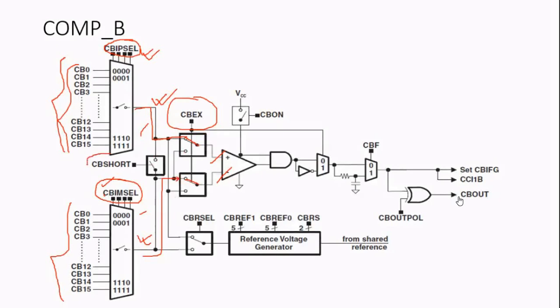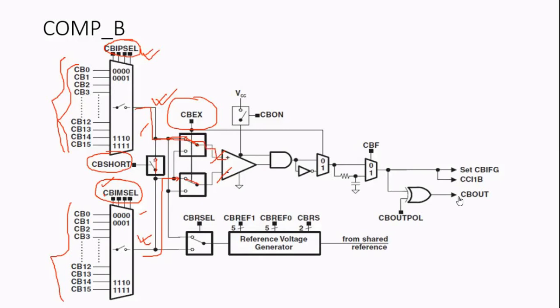Okay, now what will happen once the CB sort bit is there? This is called the input short switch. So it shorts the comparator input. If you connect this switch, what will happen?